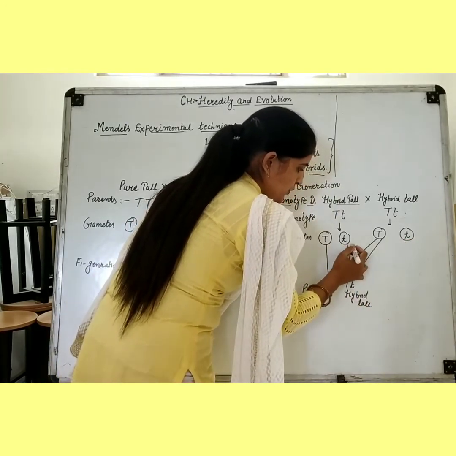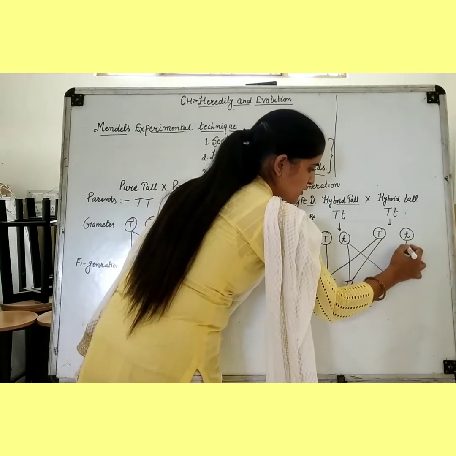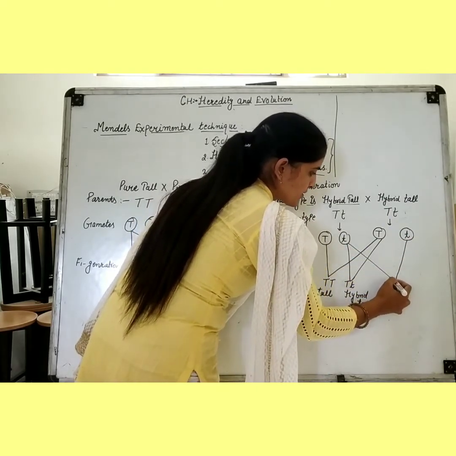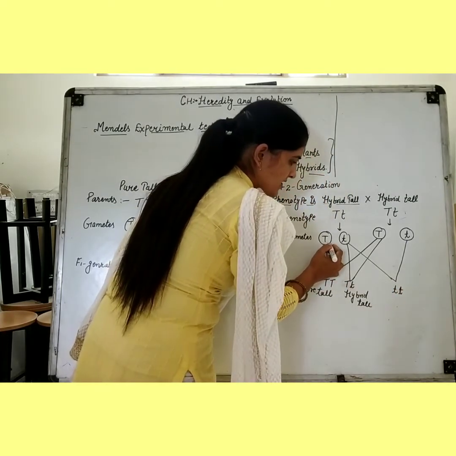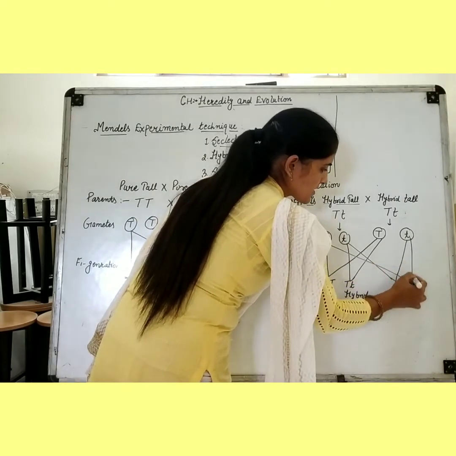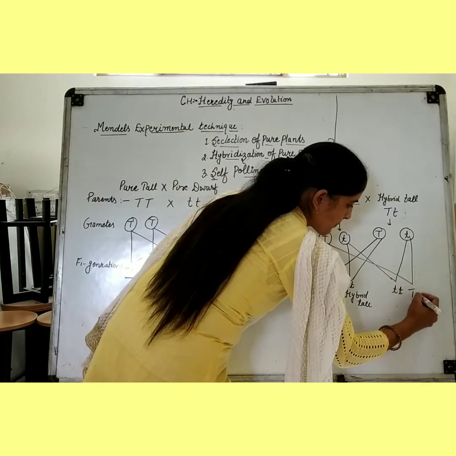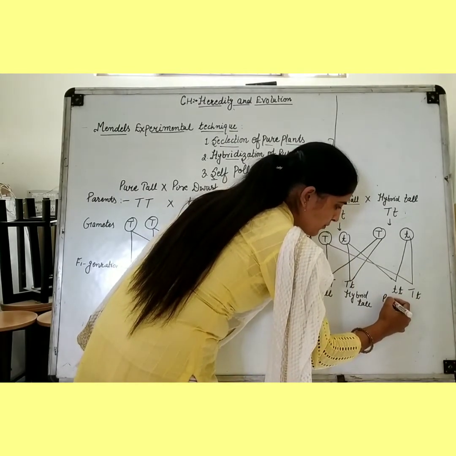Next, when this gamete is fused with this, that will form small t small t, so this is a pure dwarf, and when this gamete is fused with this, that will form capital T, small t.